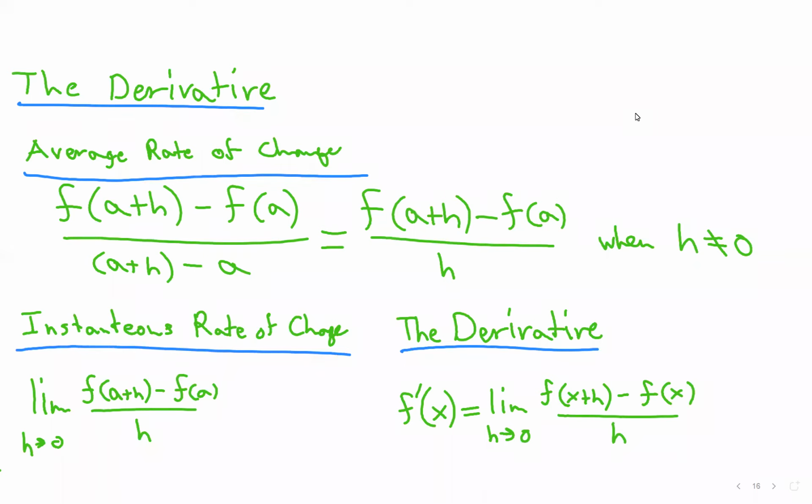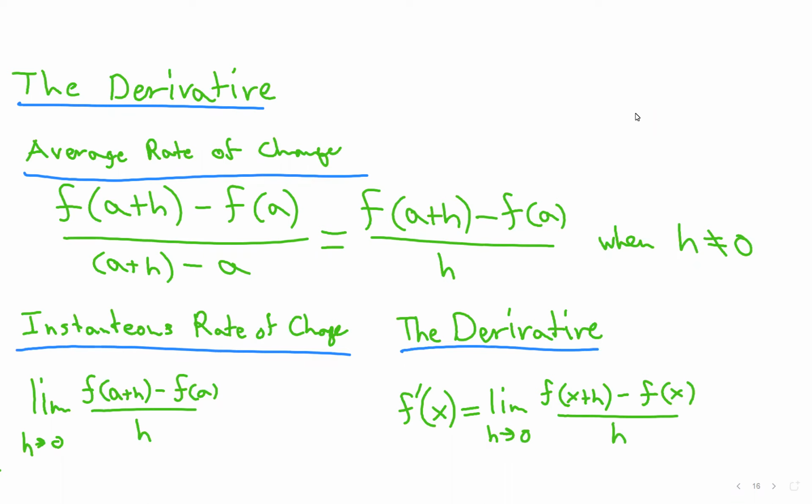We can also extrapolate this into a full function, which we can call the derivative, by changing that particular point a to just a general variable x, and then solving for the function as a whole. So we define that as f prime of x equaling the limit of h going to 0 of f of x plus h minus f of x all over h.